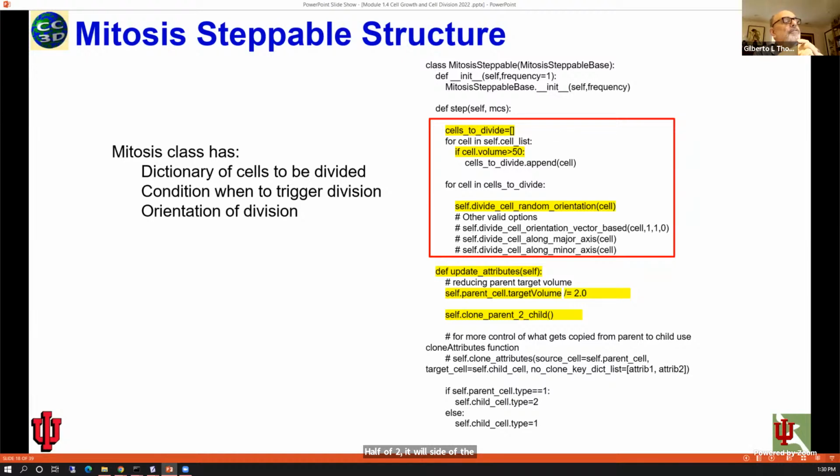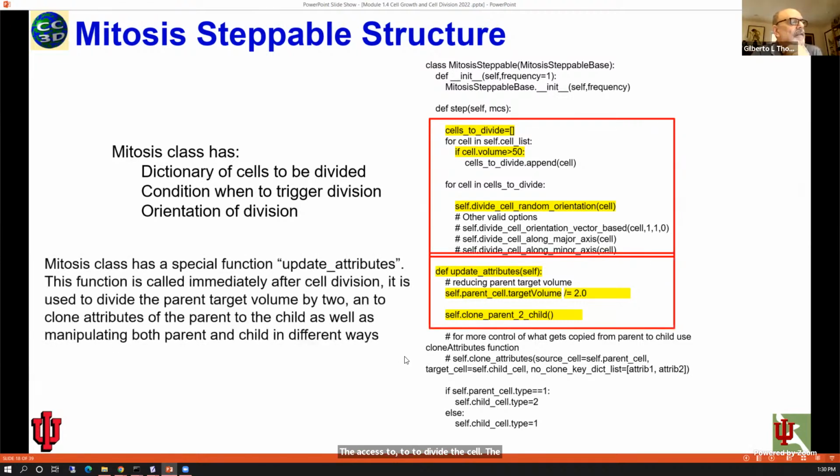Or you can define other planes of division. If a cell is somewhat elongated, you can choose a different axis to divide the cell. The second block here is where you update the things.